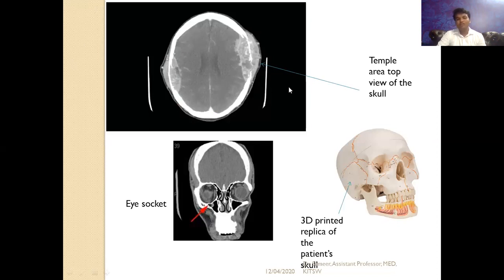Now the surgeon wants to perform the surgery to remove that tumor from the temple. One way to do that was to do the surgery from the eye socket.